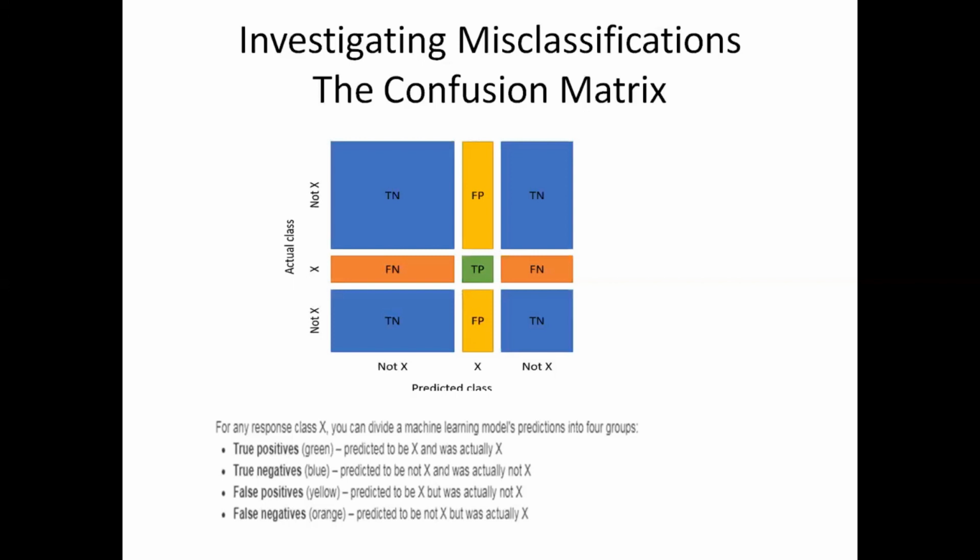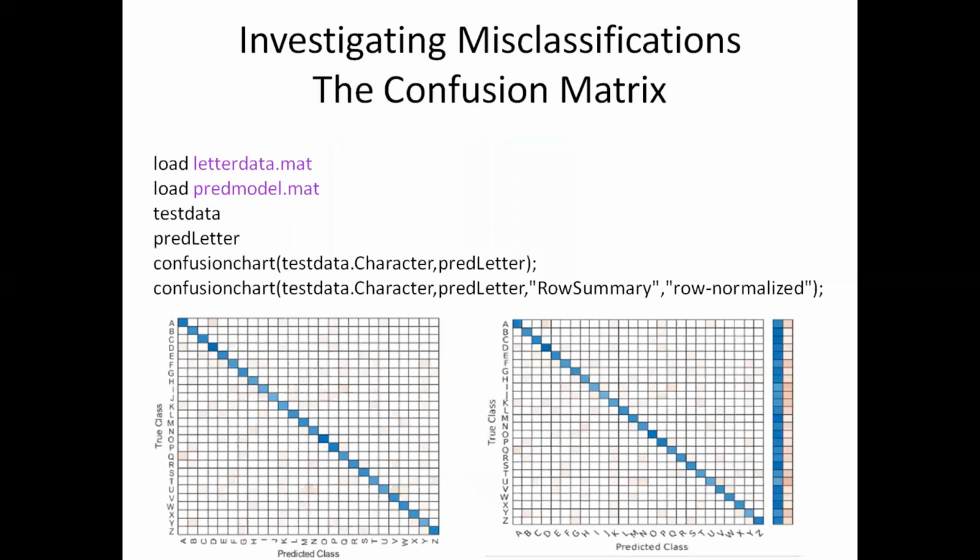That kind of grouping is known as a false negative result. So any classification, when you represent it using a confusion matrix, will have these four pieces of information. We will see how to get this confusion chart. This part we have already seen in some previous video. So we use the MATLAB function confusionchart.